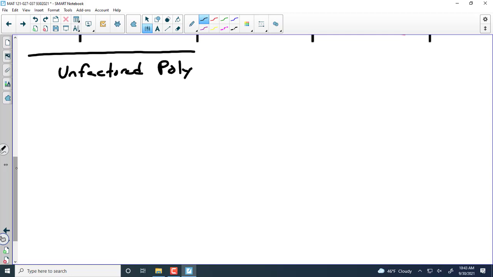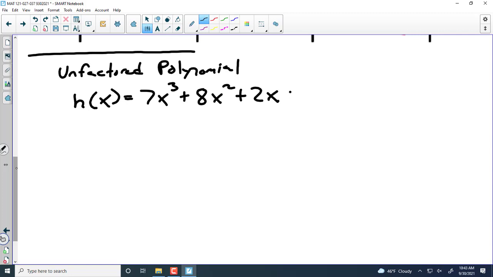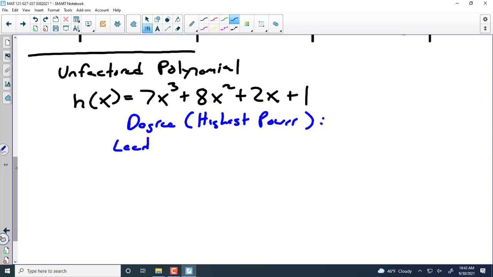Here is an equation for an unfactored polynomial. Two things you can pull off of an equation of a polynomial very, very quickly are the degree, which is the highest power you'll see, and the leading coefficient.